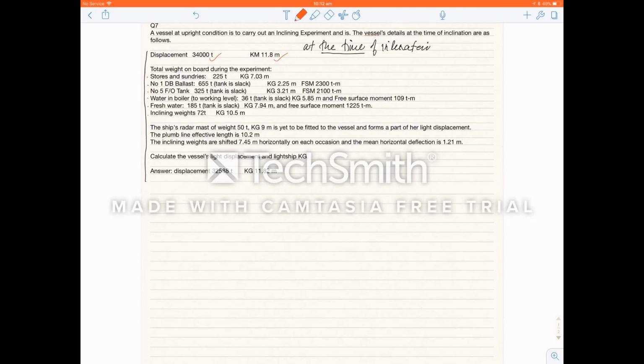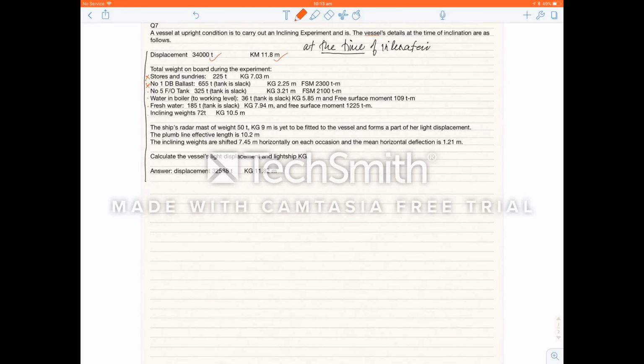So we'll go to the first one. Stores and sundries is not a part of light ship, so I will just mark it. At the time of inclination, there had been number 1 double bottom tank with 655 tons of ballast, not a part of light ship.